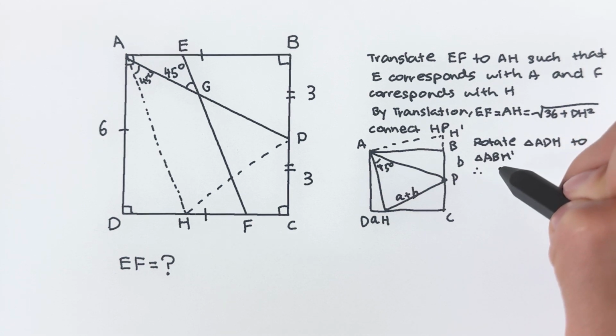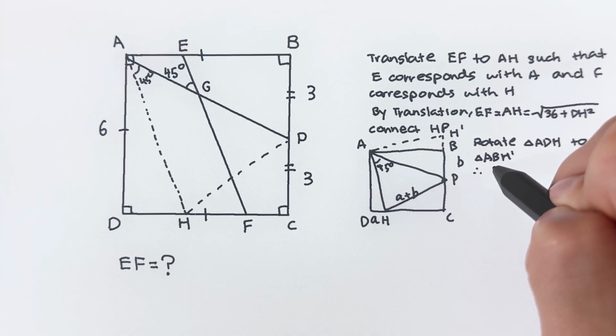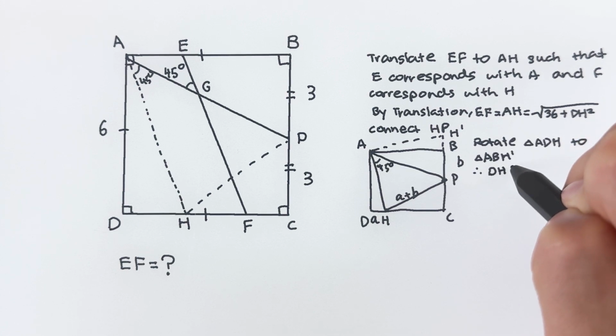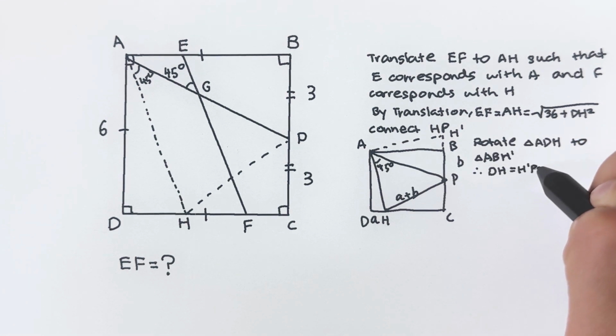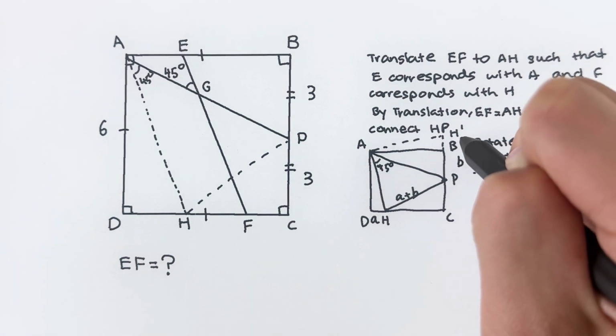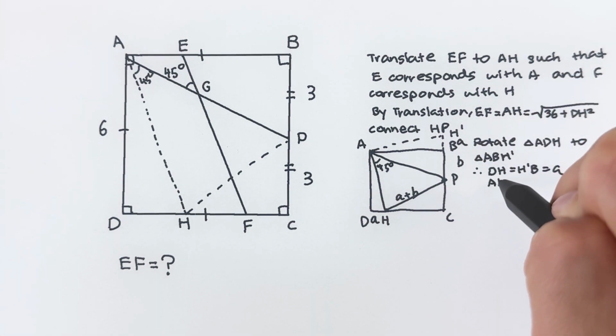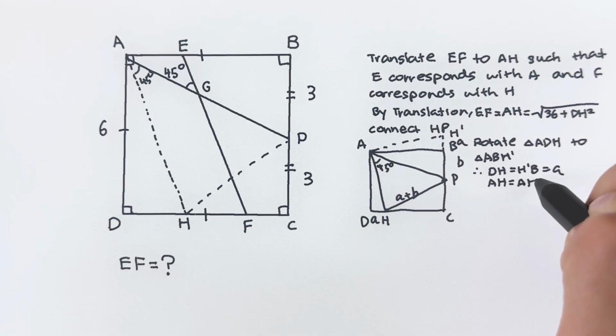So they will be congruent, which gives us DH equals H prime B equals a. And AH equals AH prime.